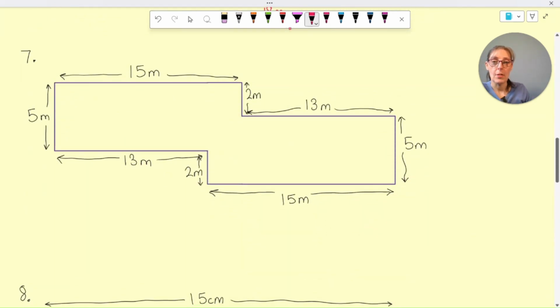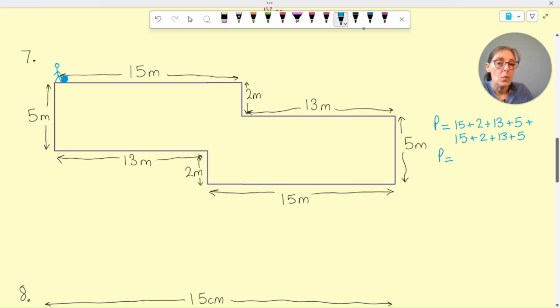Let's go to question 7. So we have, let's do perimeter first with this. So we've got 15 plus 2 plus 13 plus 5 plus 15 plus 2 plus 13 plus 5.